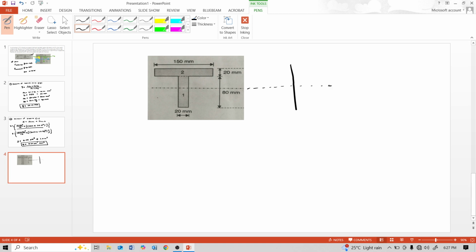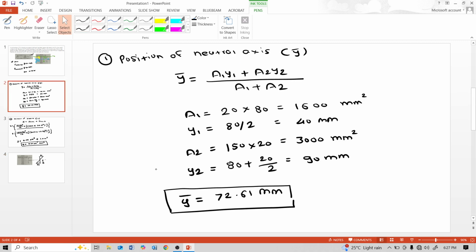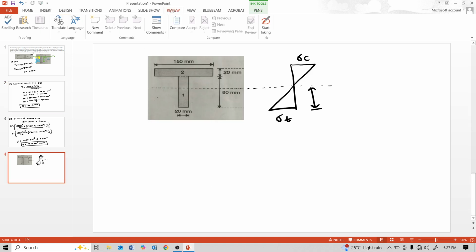This is the neutral axis. On the top side, sigma C, sigma T. This distance is y bar, 72.61 mm.